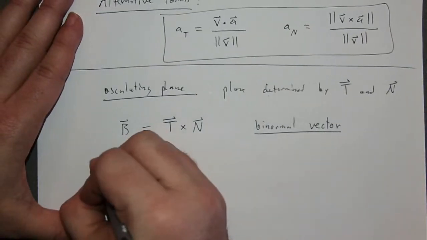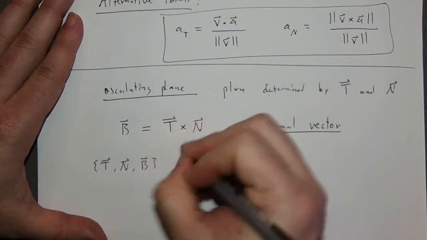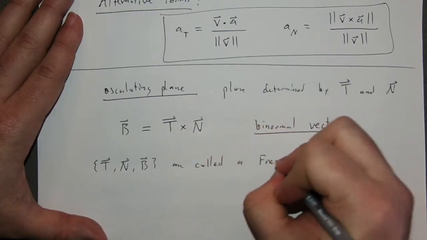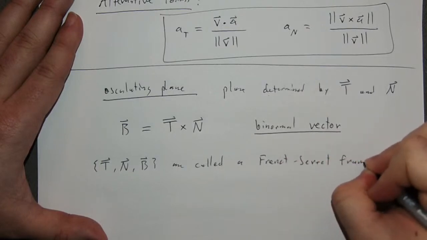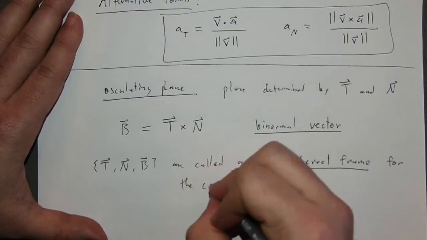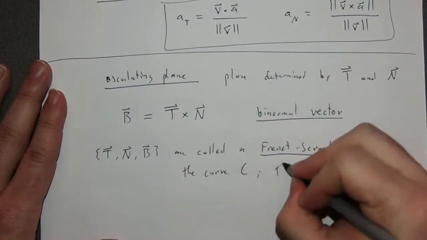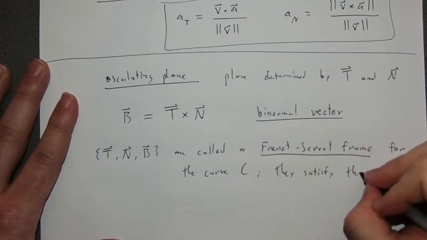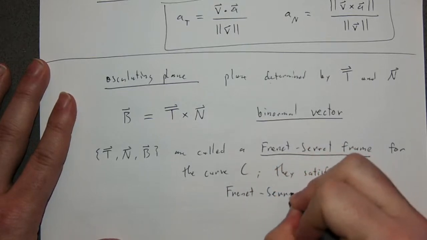So T, N, and B are called a Frenet-Serret frame for the curve C. And they satisfy what are called the Frenet-Serret equations, which I can't define yet, but I will by the end of class next time.